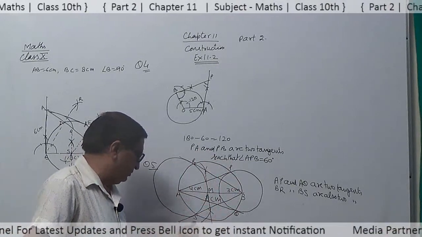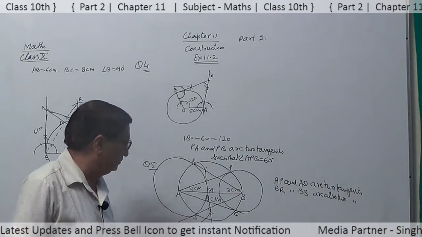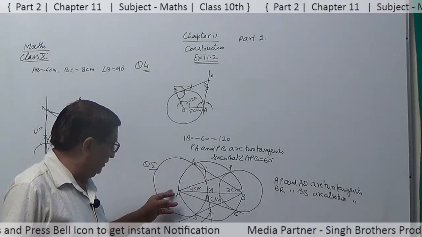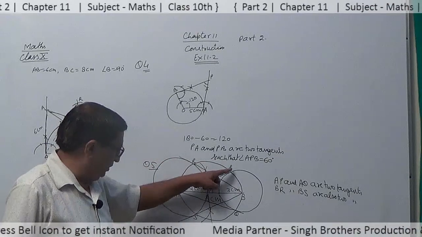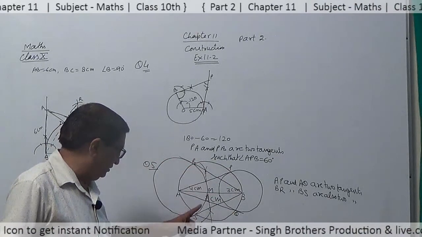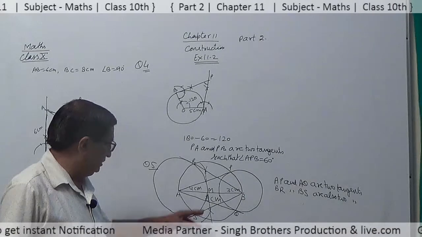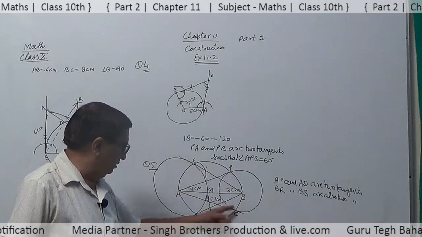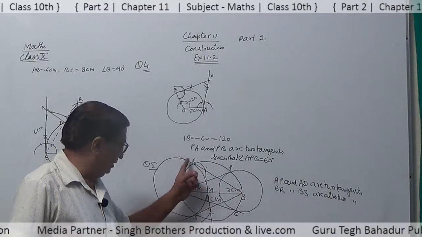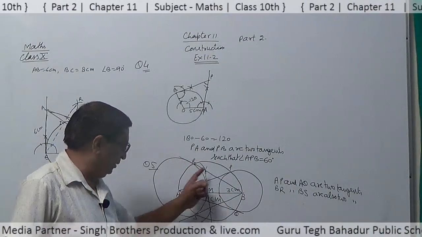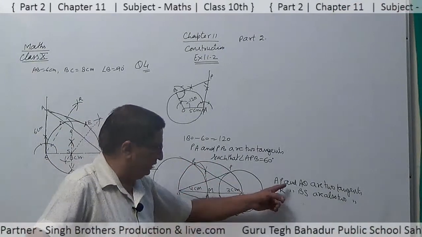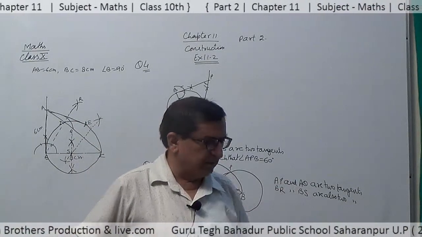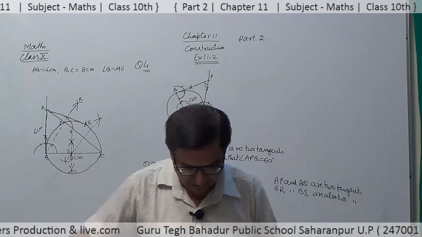It will pass through point B. This circle intersects both circles at P, Q, R and S. Join BR and BS, AP and AQ. AP and AQ are two tangents, BR and BS are also two tangents.